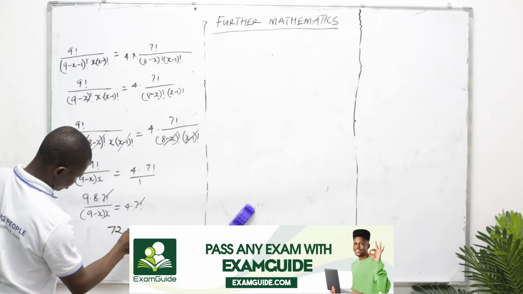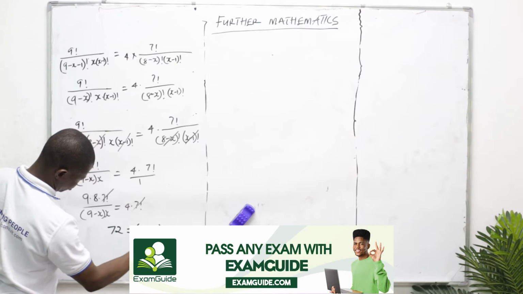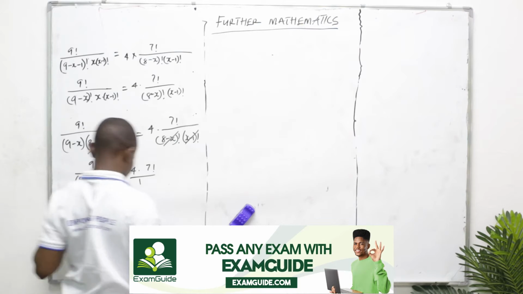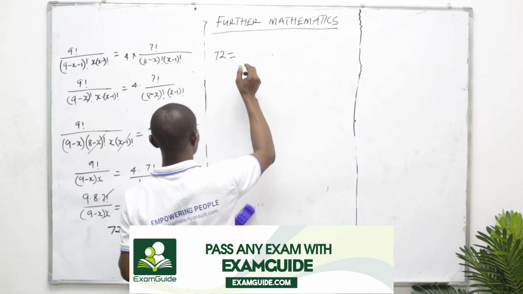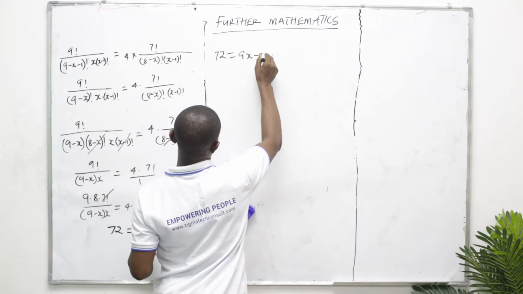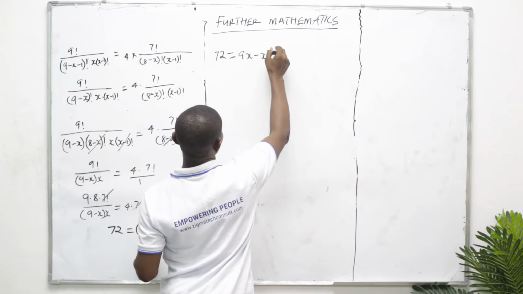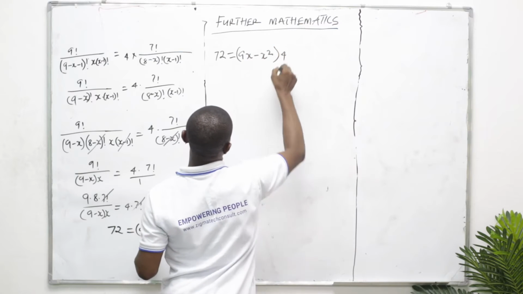72 equals 9 minus s into s times 4. 72 equals 9s minus s squared times 4.